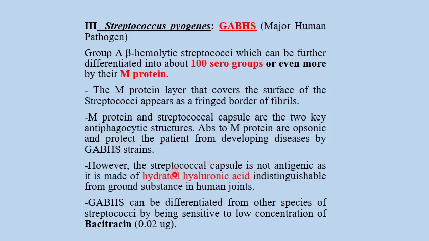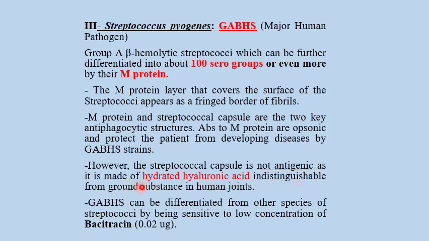Why? If you remember our first lecture, this capsule is not made of polysaccharide as the usual capsules, but is made of hydrated hyaluronic acid, which is indistinguishable from ground substance in the human joint.